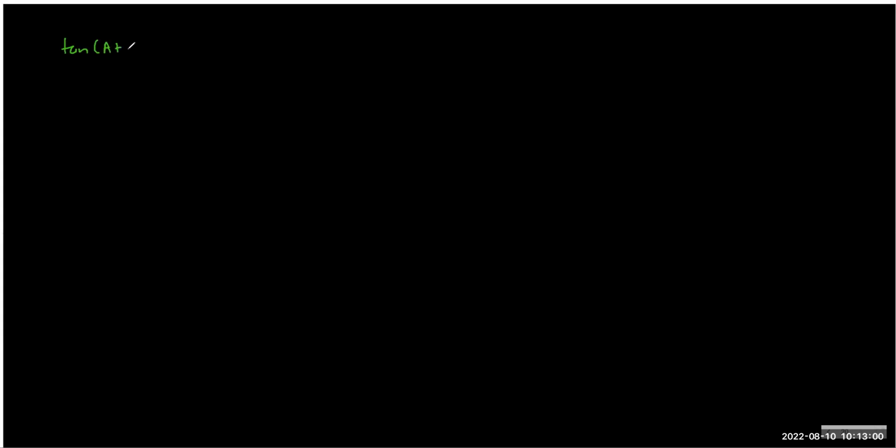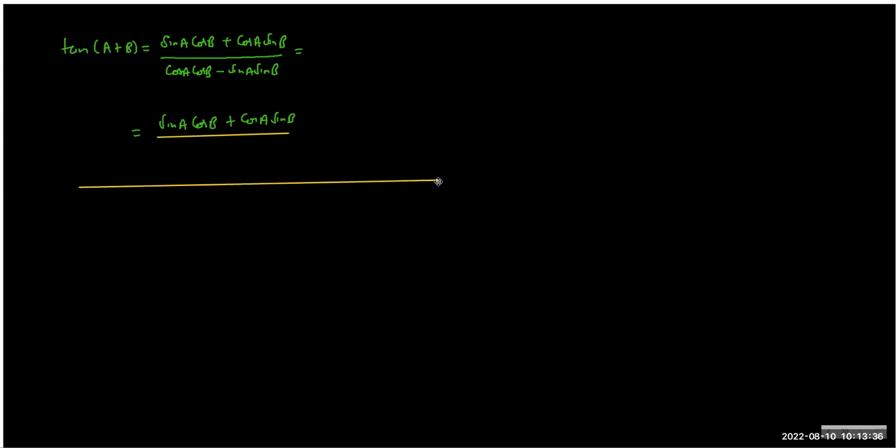So tan(A plus B) is equal to sin A cos B plus cos A sin B upon cos A cos B minus sin A sin B.